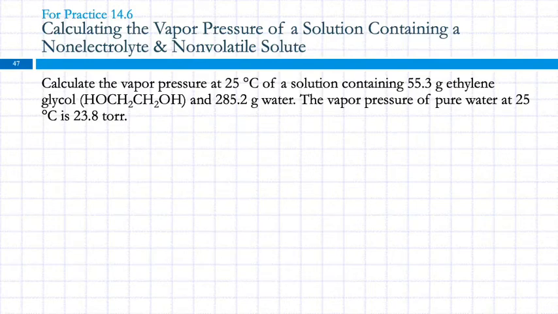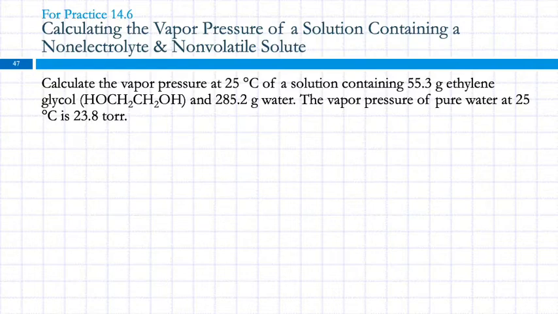So calculate the vapor pressure at 25 degrees Celsius of a solution containing 55.3 grams of ethylene glycol and 285.2 grams of water. The vapor pressure of pure water at 25 degrees C is 23.8 torr. So they're asking us not for the change in vapor pressure, but for the actual vapor pressure.